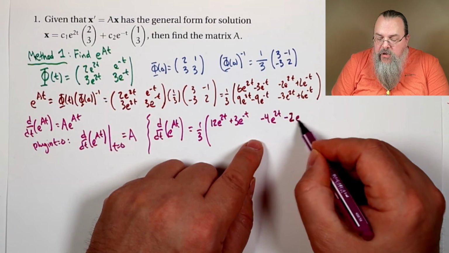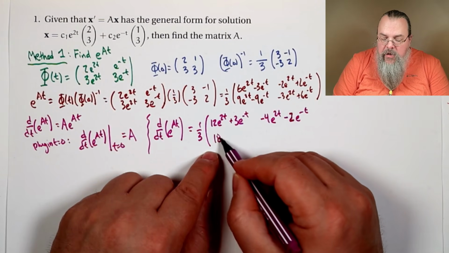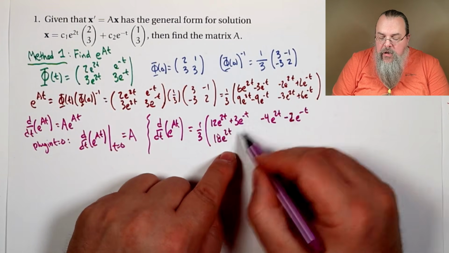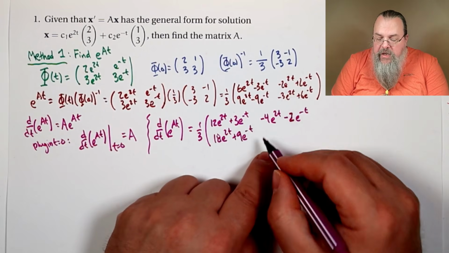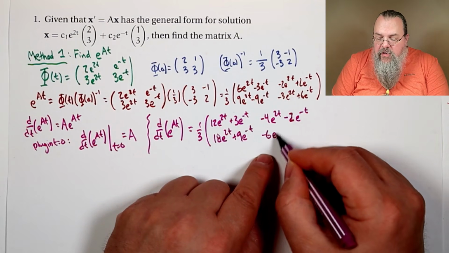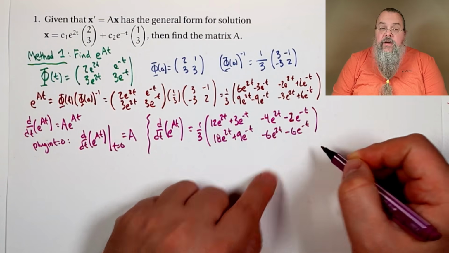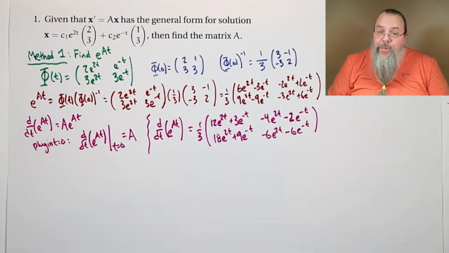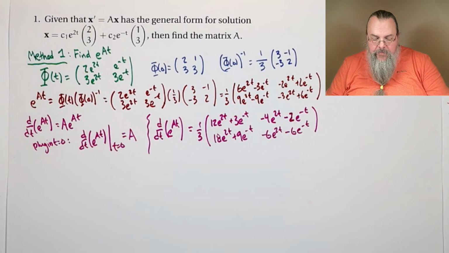Minus 2 e to the minus t, 18 e to the 2t plus 9 e to the minus t minus 6 e to the 2t and minus 6 e to the minus t. Now, plug in 0, and what do we get?